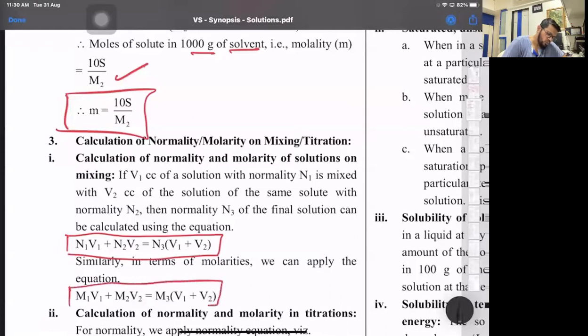M1V1 plus M2V2 is equal to M3 with the volumes V1 plus V2. Or you can write M3 is equal to M1V1 plus M2V2 upon V1 plus V2. And same way for normality, N3 is equal to N1V1 plus N2V2 upon V1 plus V2.